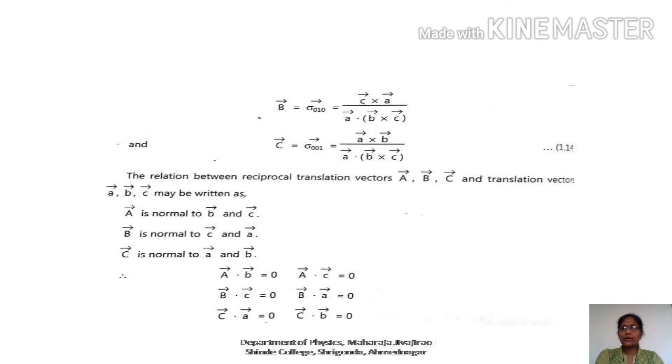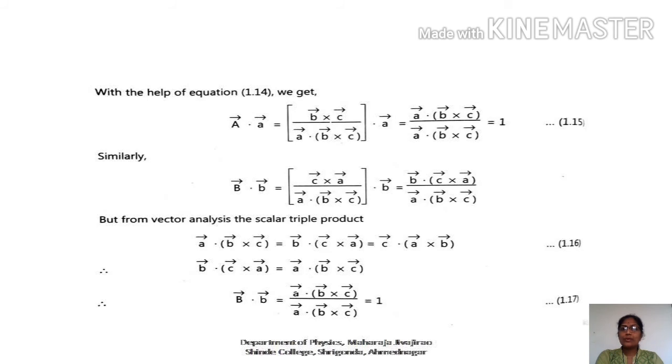Now we will find A dot a, that is the product of a reciprocal lattice vector and a direct lattice vector. In order to find A dot a, we will substitute the value of capital A bar, and its value is b cross c divided by a dot b cross c.